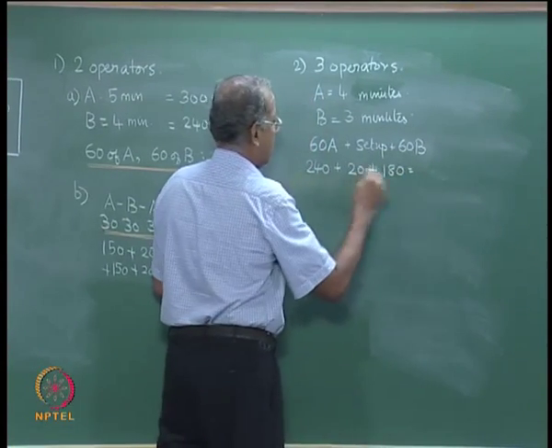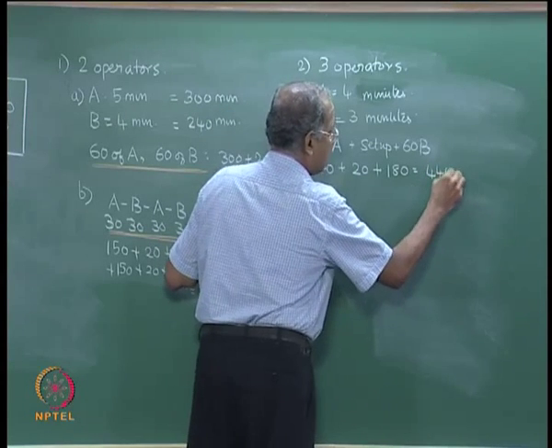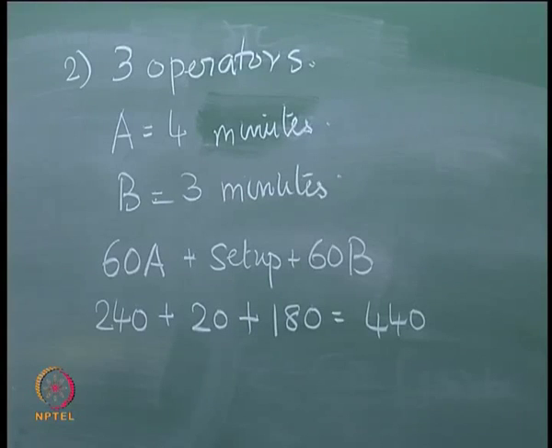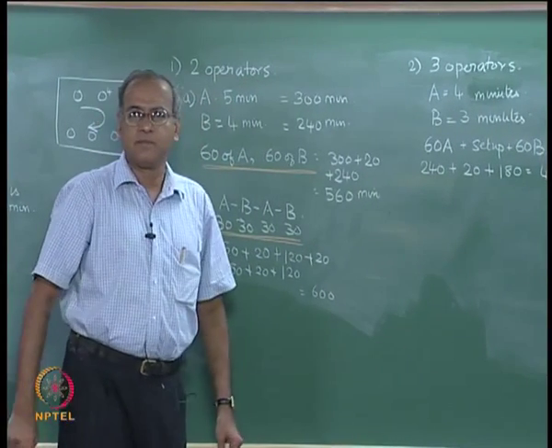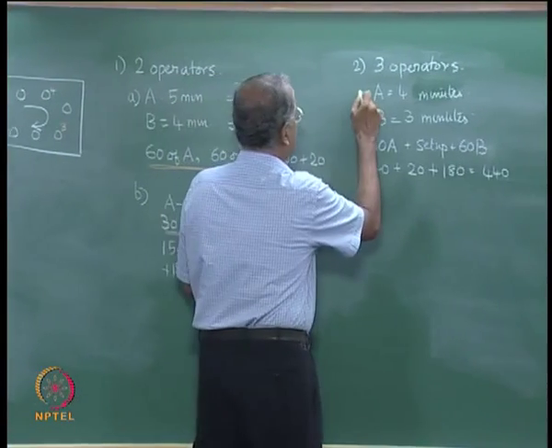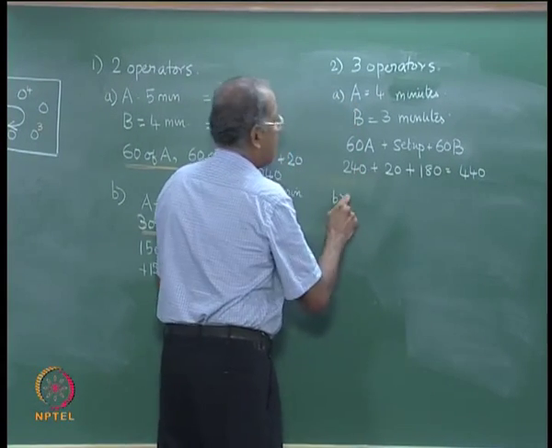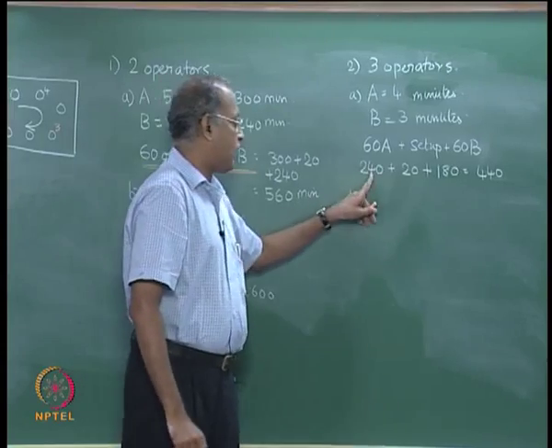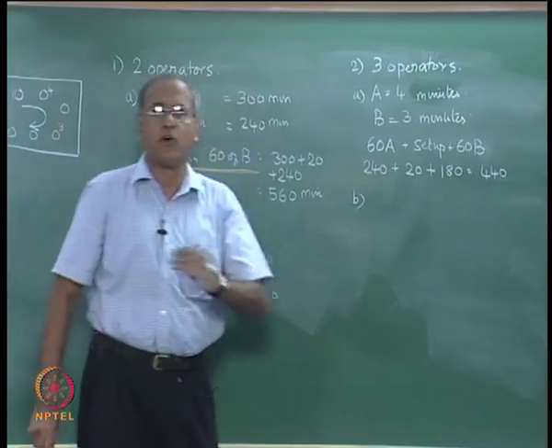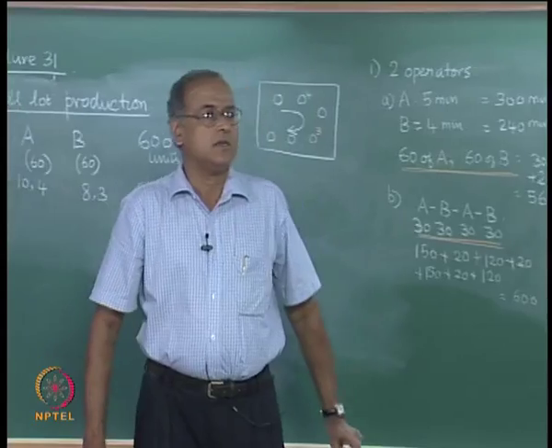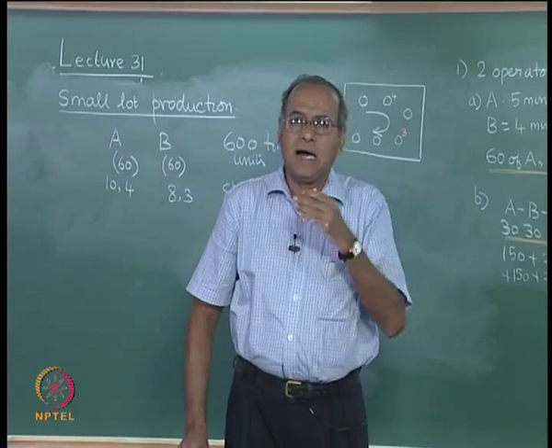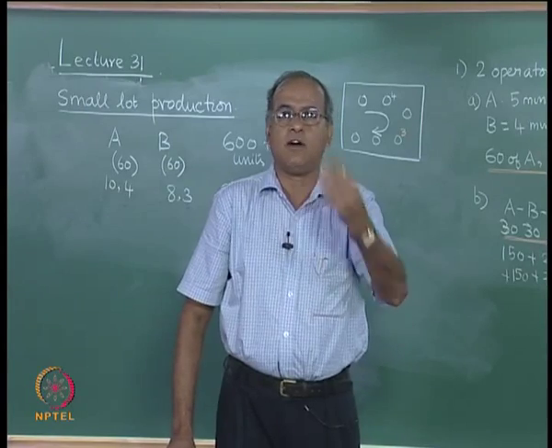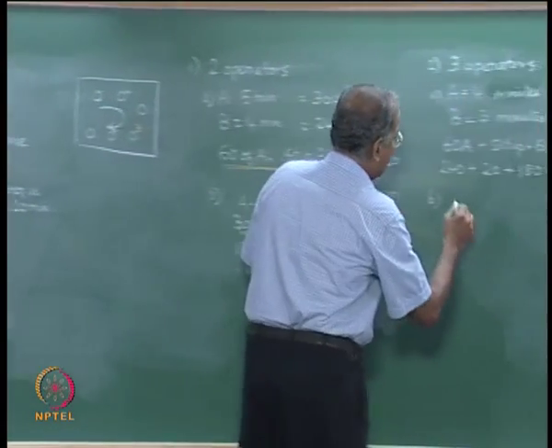So, this is 440, we will be able to finish this. 4 into 60 is 240 plus 20 plus 180. So, now the time required for manufacture is 240 plus 180, which is 420. So, 420 time units are required for the manufacture, 180 time units are now available and we can do 9 changeovers.